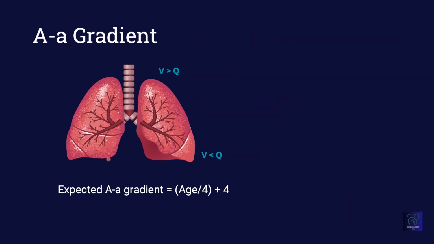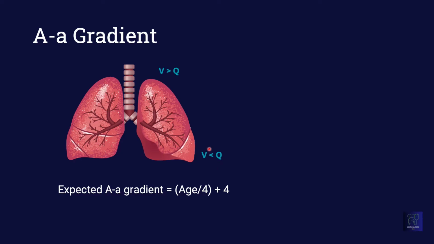However, that's not the case because even in normal lungs, there are regional differences in ventilation and perfusion. The apices of the lungs usually have better ventilation compared to perfusion, and due to gravity, the basal regions of the lungs have better perfusion compared to ventilation. So there is regional VQ mismatch even in normal lungs.